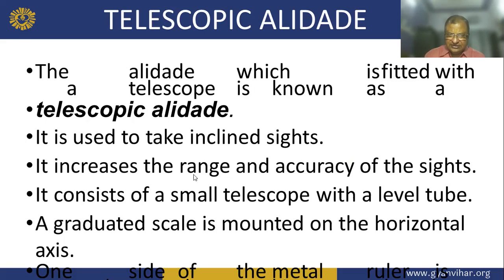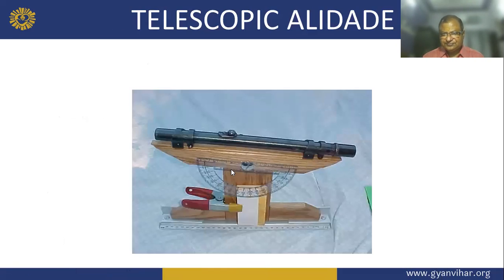It increases the range and accuracy of the sight, and it consists of a small telescope with a level tube, and a graduated scale is mounted on the horizontal axis. This is the telescopic alidade. This is the base, this is the protractor, and this is the telescope.